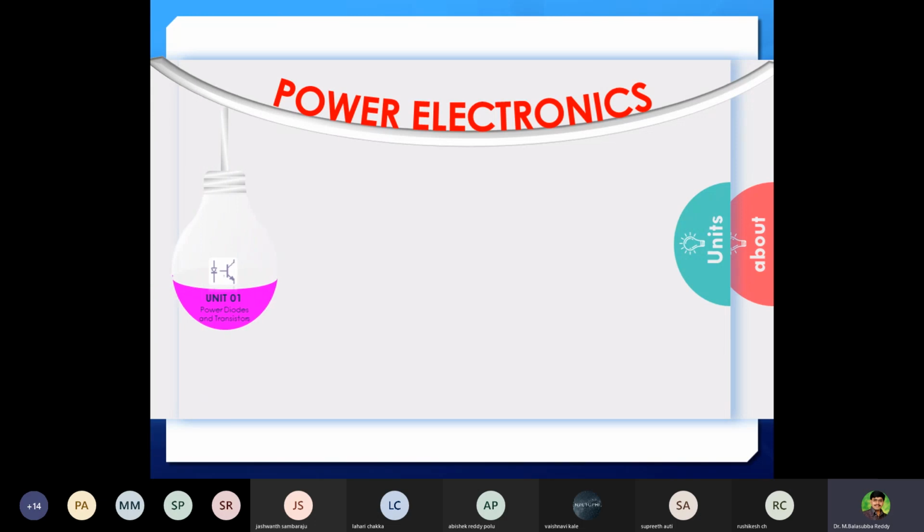The first unit: power diodes and transistors. This is the basis of power electronics switches. Normally here everything is related to switching action. Once we start the actual controller, throughout the course what we are doing is switching on for some duration, switching off for some duration, that's it.